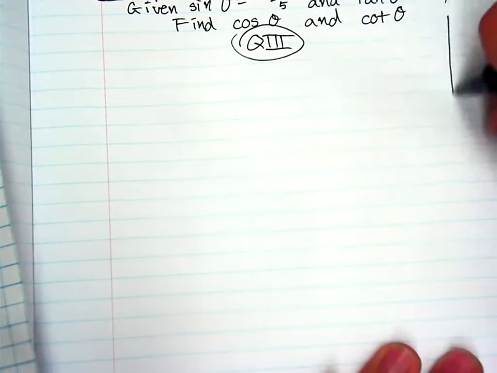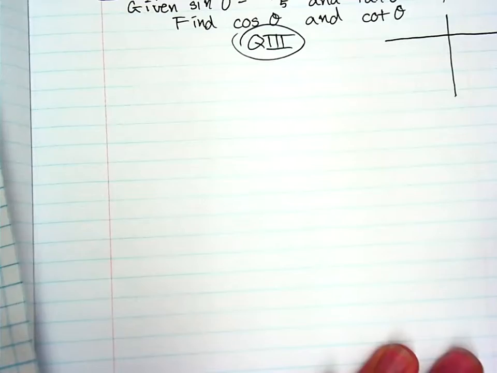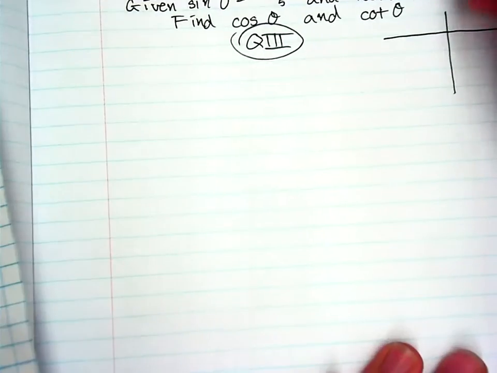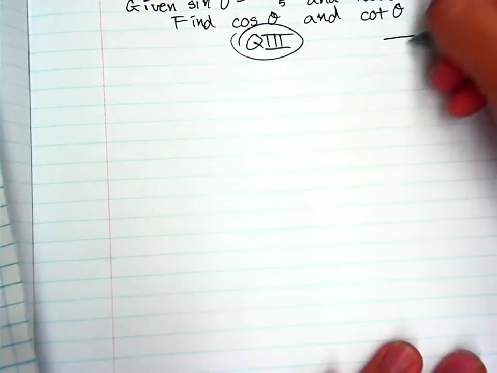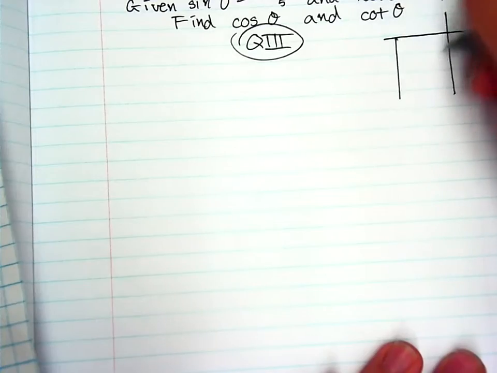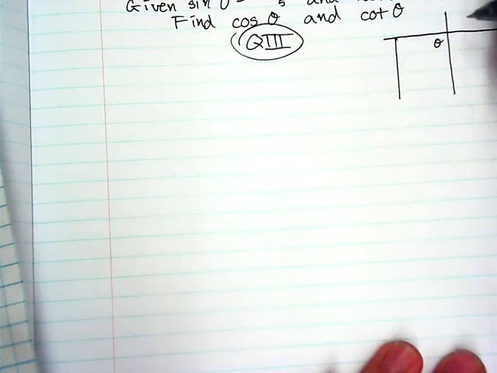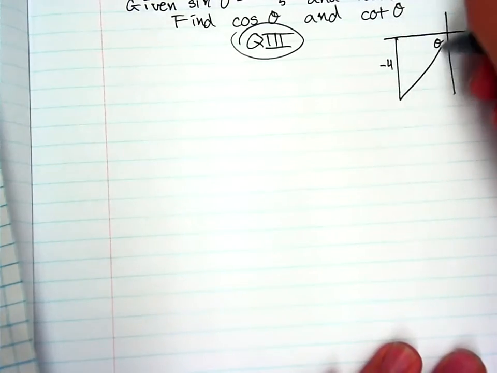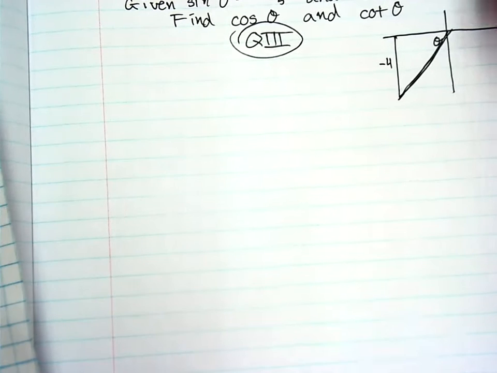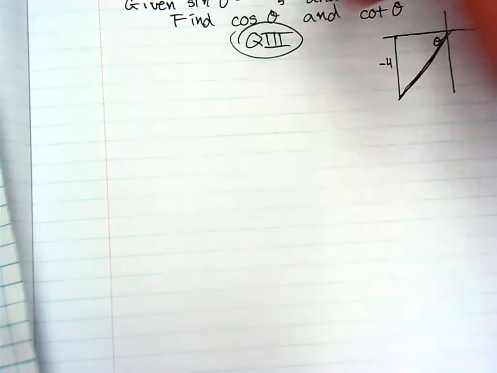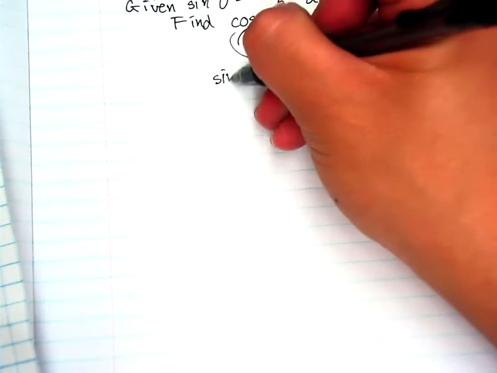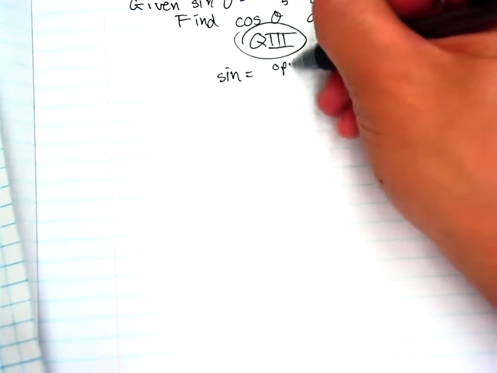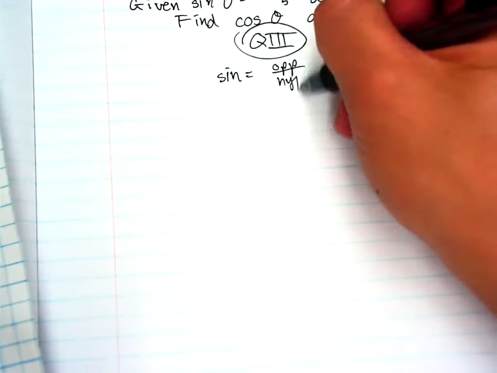So based on that knowledge, I can go ahead and do a quick sketch of my figure. So I'm going to have a certain measure theta, and this is going to be not to scale. So negative 4. And the reason it's negative 4 is because when we're talking about sine, we're talking about opposite over hypotenuse.